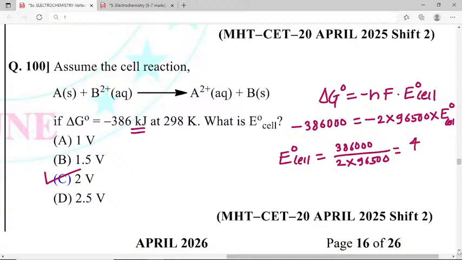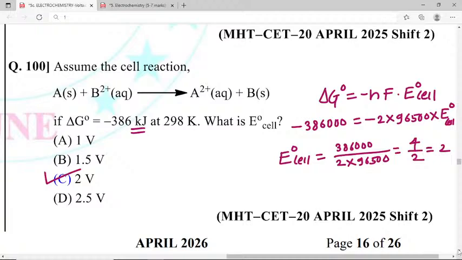Please check your calculation for question number 100.